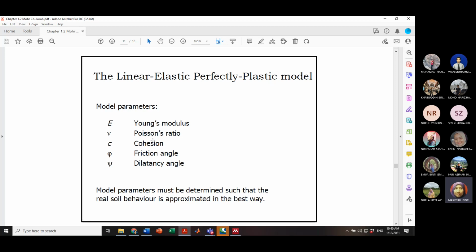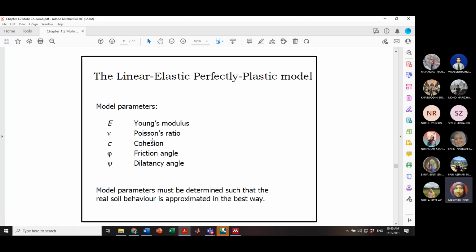But for some soil materials, for example, in the categories of soil when you look at two major groups, fine soil and coarse soil, whether the coarse is granular, sand, or cobbles, and then fine soil such as silt and clay, there will be different behavior.